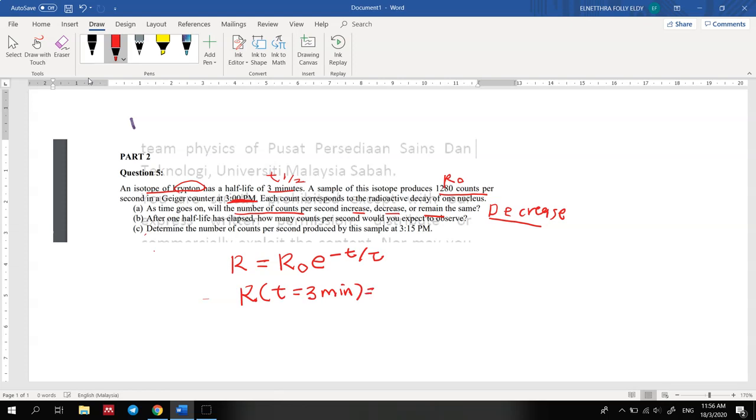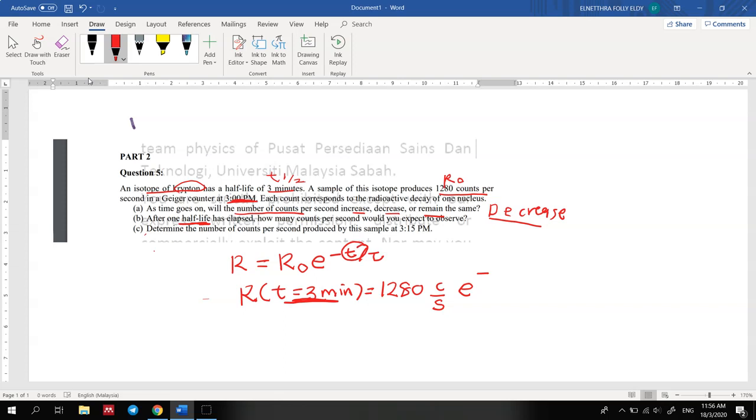Remember, I need to find the counts after 3 minutes because it was asked after one half-life has elapsed. And then the R0 here, which is the original activity of this krypton before it decays, is equal to 1280 counts per second.